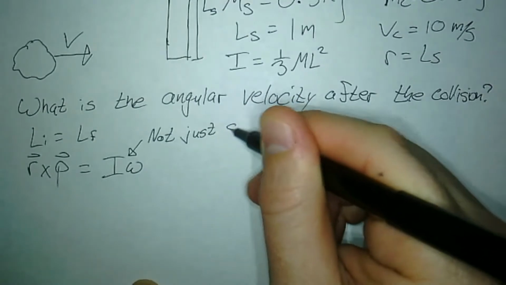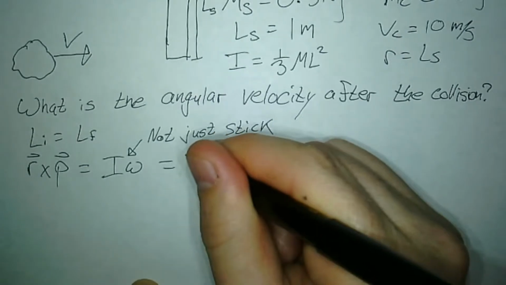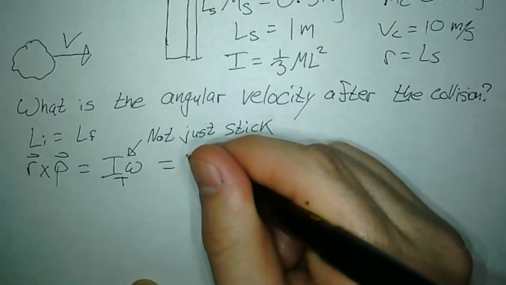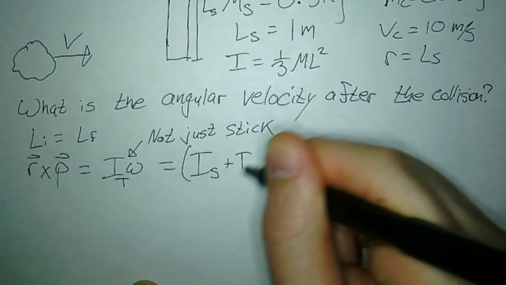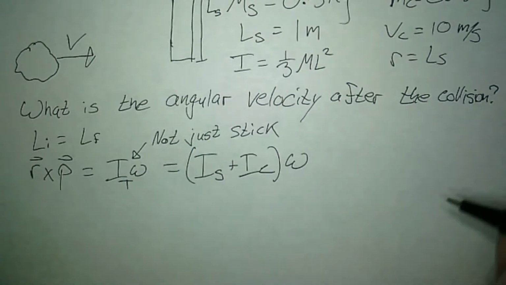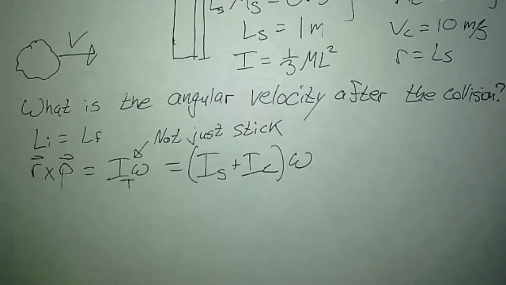It's going to be total, so let's put a T there for total. I want this to be I stick plus I clay, times omega. So what are we going to do for the moment of inertia of the clay? Let's nail this down since we're on that subject.